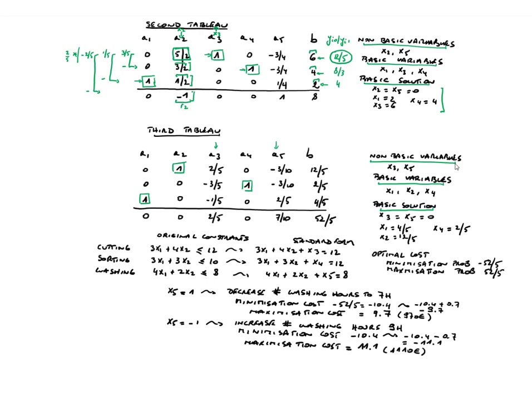You set the non-basic variables to 0, and you can read from the tableau that x1 is going to be 4/5, x2 is 12/5, and x4 is 2/5, right? And this is indicated over here. Again, you should plug this into the original constraints to see if this meets the specifications, and these specifications are over here. I'll leave this to you as an exercise.